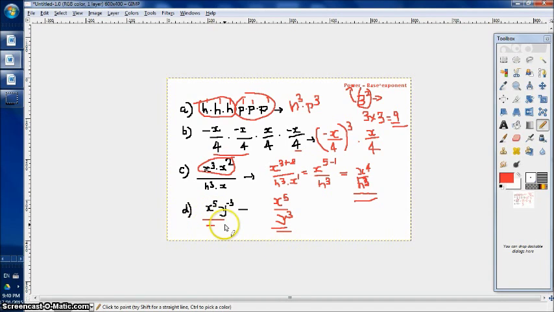Now the same scenario over here, I have negative x over 4 into negative x over 4 into negative x over 4 into x over 4.